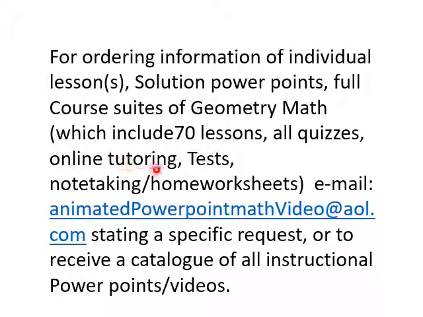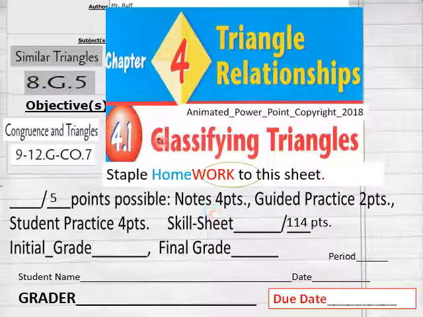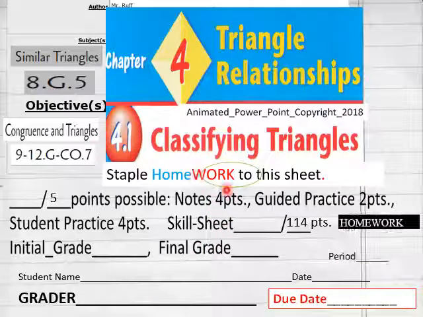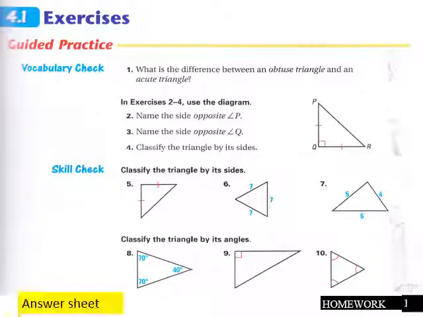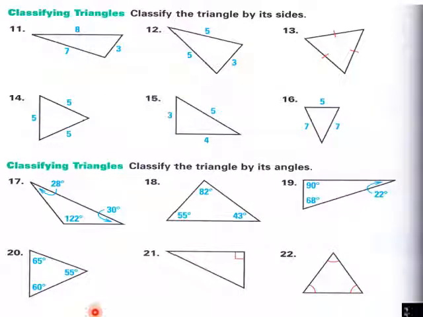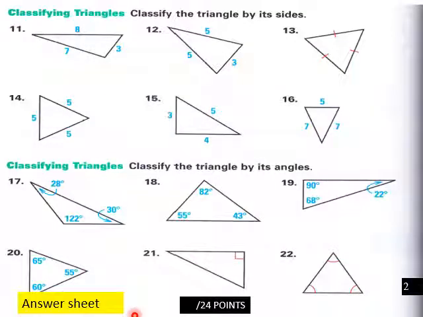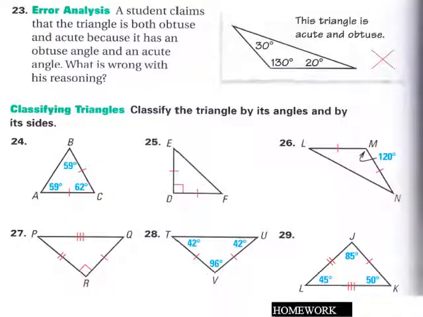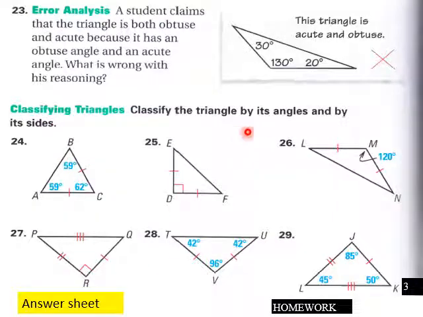Let's check out the homework. Here's the homework for 4.1, classifying triangles. We have 114 points, and 5 points of notes up above. Here's page 1. Here's page 2 of the homework. Here's page 3 of the homework, classify the triangle.